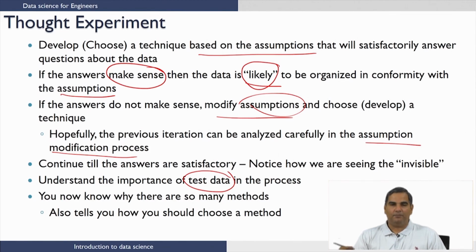And once you have a mental map of the assumptions that the technique uses to solve a problem, then you are in a good situation to be able to use a particular technique or a group of techniques for solving a particular problem. So, this is important to keep in mind.